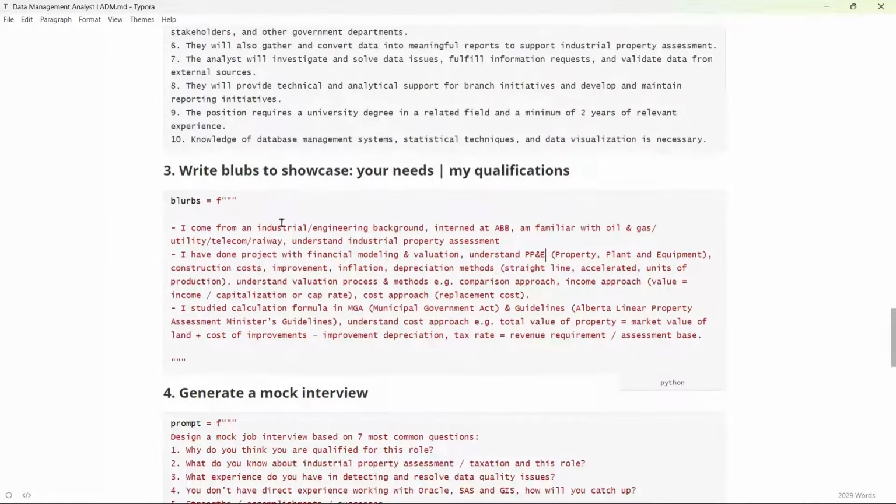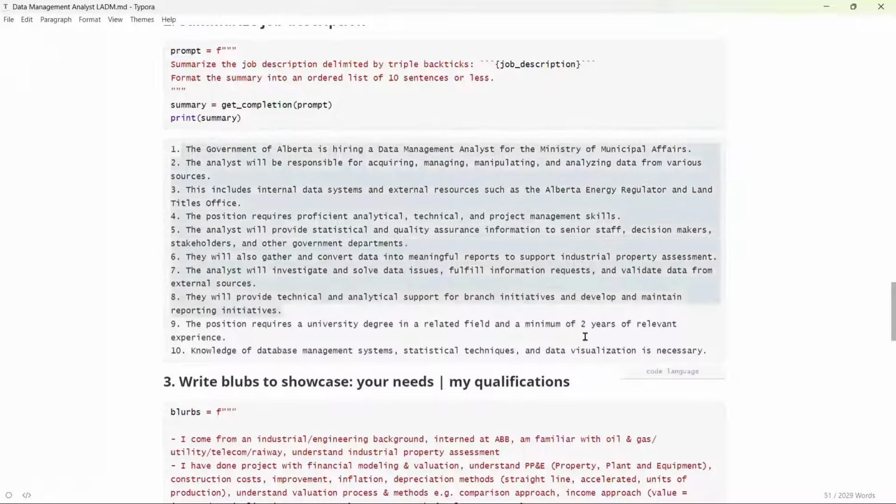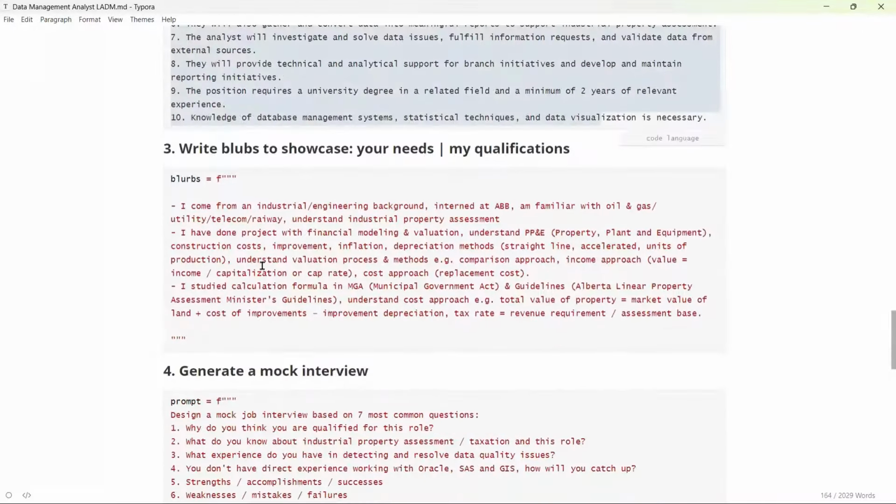All of these have something to do with the requirements. Construction cost improvement, inflation, depreciation methods, three depreciation methods: straight line, accelerated, units of production. I understand the valuation process and methods, the different approaches: comparison approach, income approach, within the bracket, specifically value equals income divided by capitalization, or cap rate.